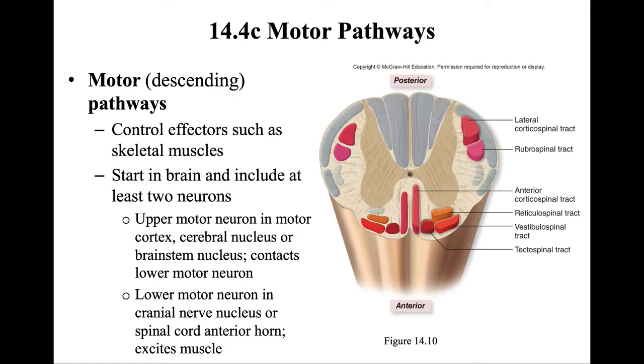The upper motor neuron goes from the primary motor. If you recall from Chapter 13's video on the brain, we learned that upper motor neuron starts at the primary motor, the section of the brain in front of the central sulcus.